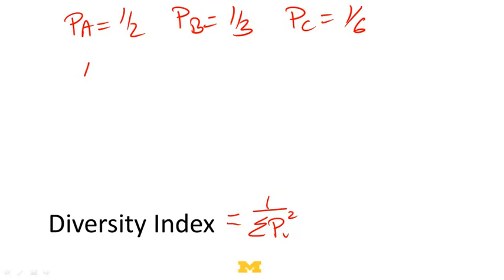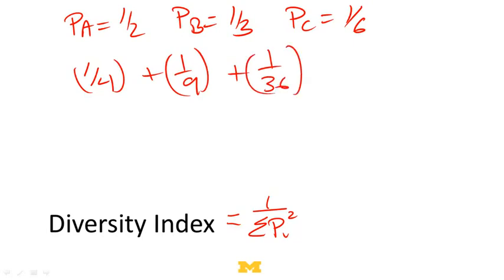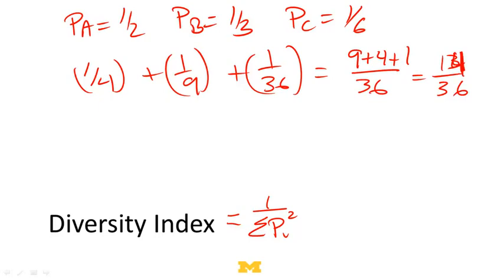We're going to get PA squared, which is 1/4, plus PB squared, which is 1/9, plus PC squared, which is 1/36. So you can put all these over 36, and we get 9 plus 4 plus 1 over 36. That's 14 over 36.